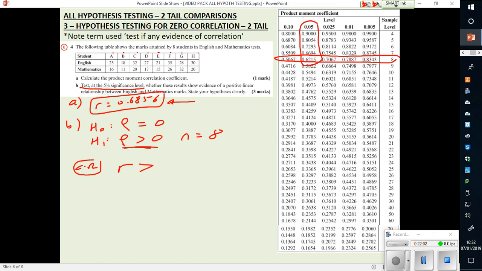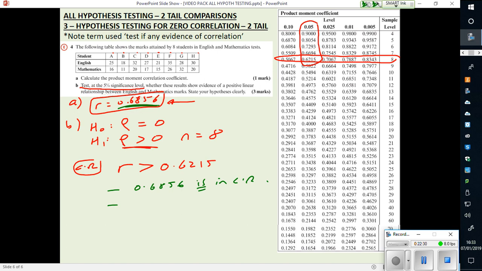So R is more than 0.6215. Okay, so there's our critical region established. So again, we go into our conclusion. You see, it's so much easier than the other two. Where does 0.6856 lie? That is bigger, so we say 0.6856 is in the critical region.